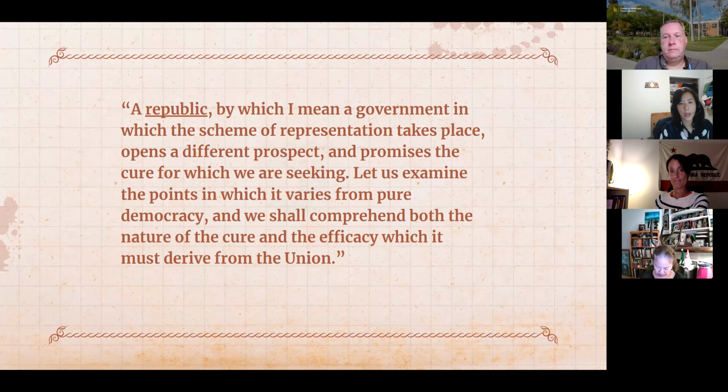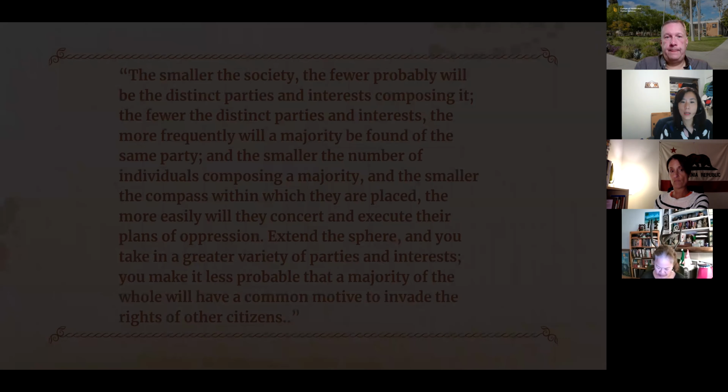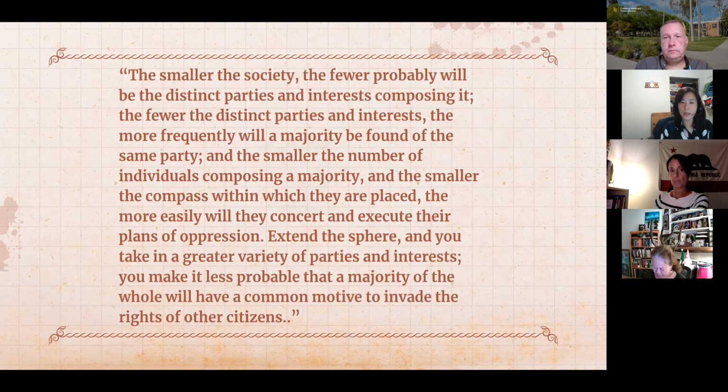We already saw that Madison is not a fan of participatory or pure democracy. Here he's saying, if you take the views and pass them through the medium of a chosen body of citizens, these people might represent the public better than the people themselves. Madison continues to argue that it is easy to have a majority in a smaller society, whether a republic or a democracy, that oppresses the minority.